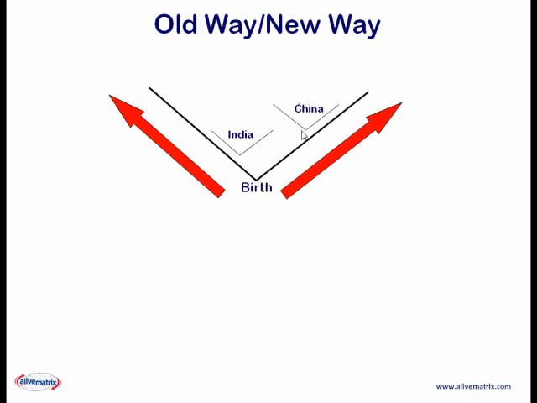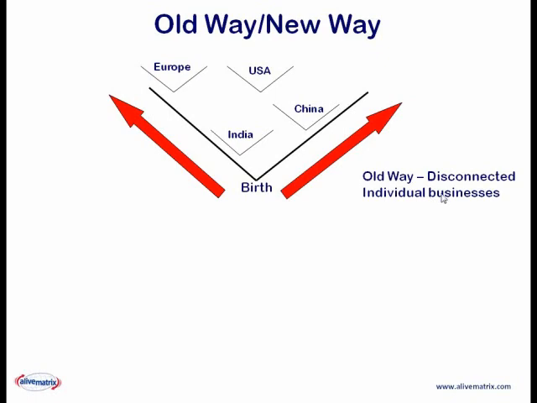Whatever happens in China, because it goes in this upward fashion, doesn't really get mixed with what happens in India or here. Then the business starts, for example, in the United States or in Europe, everywhere. As you can see here, everything is completely disconnected. They are all like individual businesses.